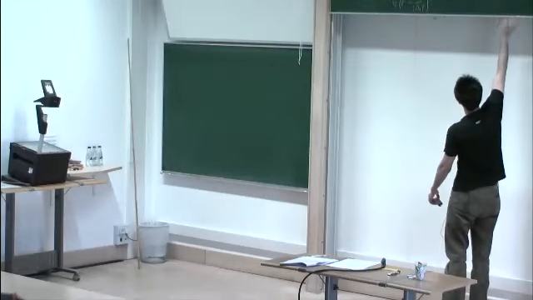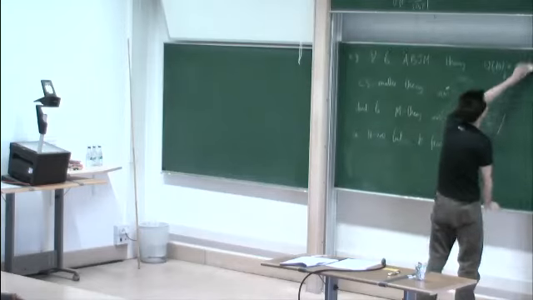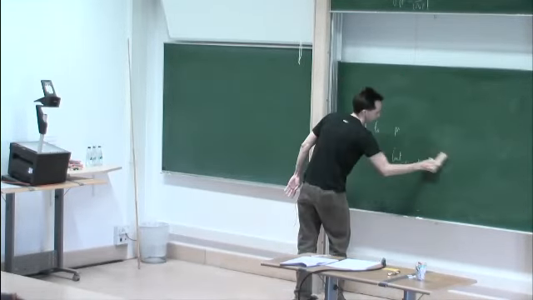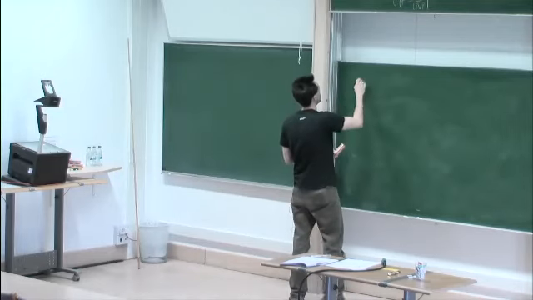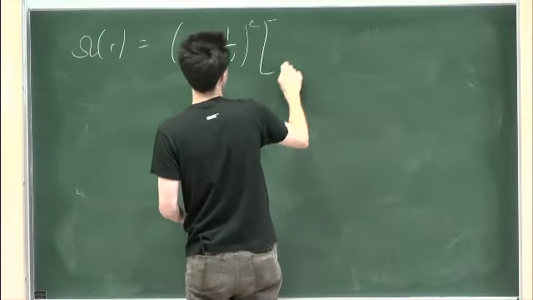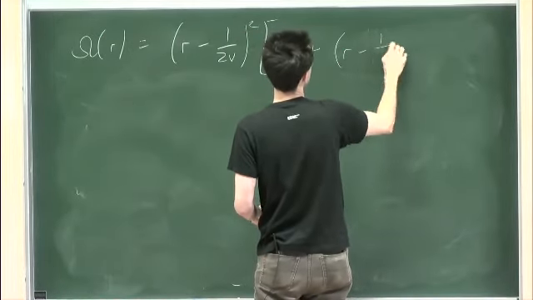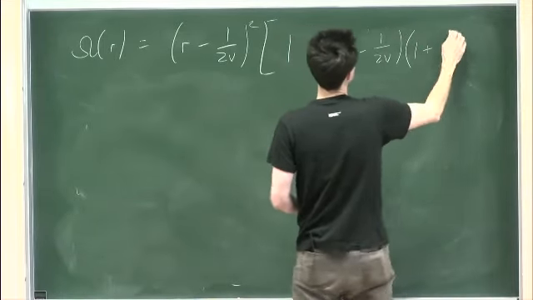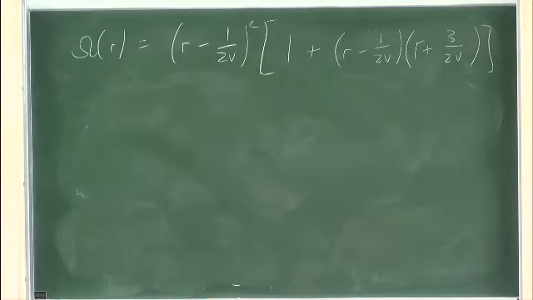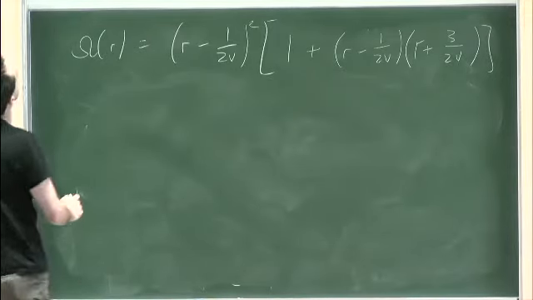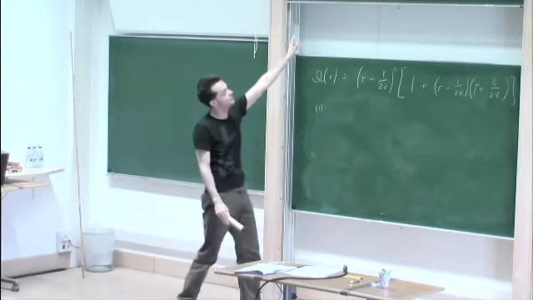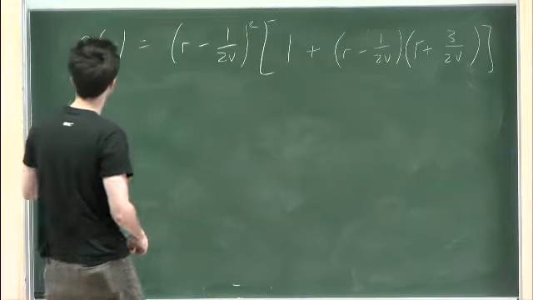Omega of r is a radial function. Okay, so r is the radius. Omega of r is (r minus 1 over 2v) all squared, and then it's 1 plus (r minus 1 over 2v), 1 plus 3 over 2v, r plus 3 over 2v. This is some quartic in r. Okay, so that's the metric. It's an Einstein metric on R4, negative curvature. And if you look as r goes to infinity, you get the boundary squashed sphere that I started with.